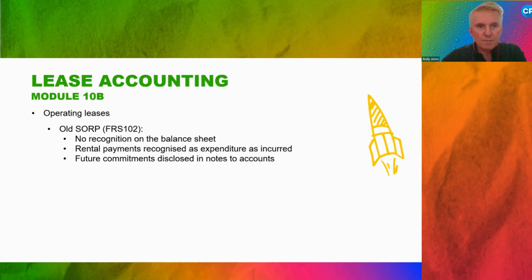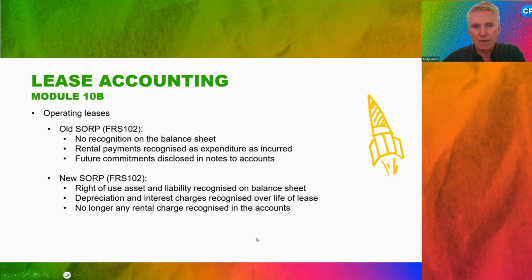What we've got now under the new SORP is that essentially we're going to have an asset and liability recognised on the balance sheet. The asset is the right of use asset, so that's the right of use of the assets that are implicit in the lease. So land and buildings, equipment. And then there's also a generally corresponding liability recognised on the balance sheet.